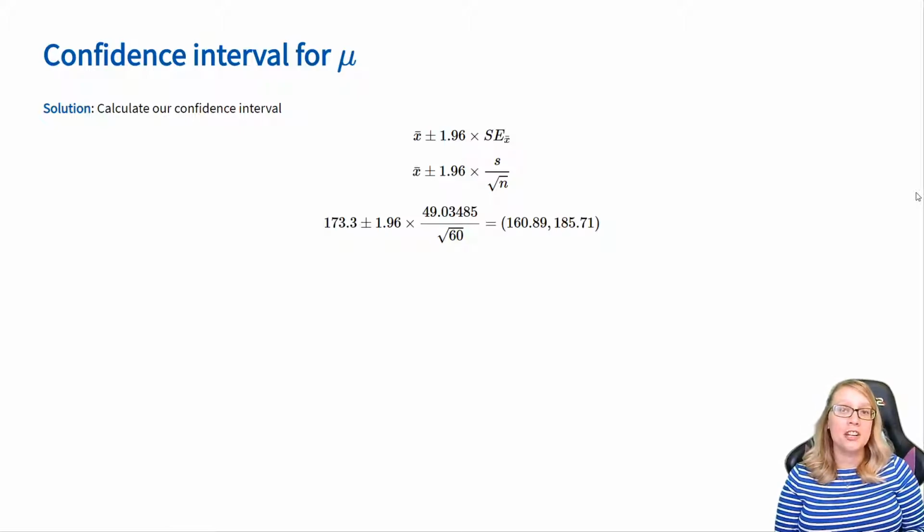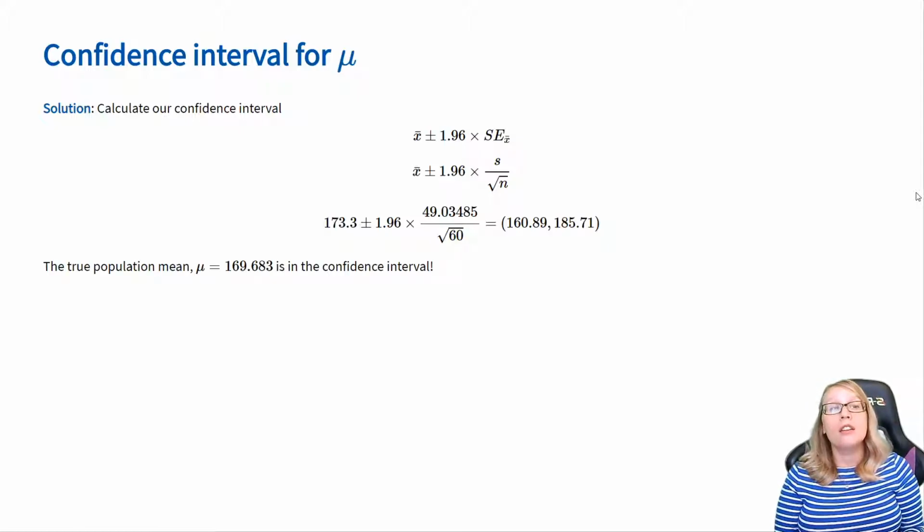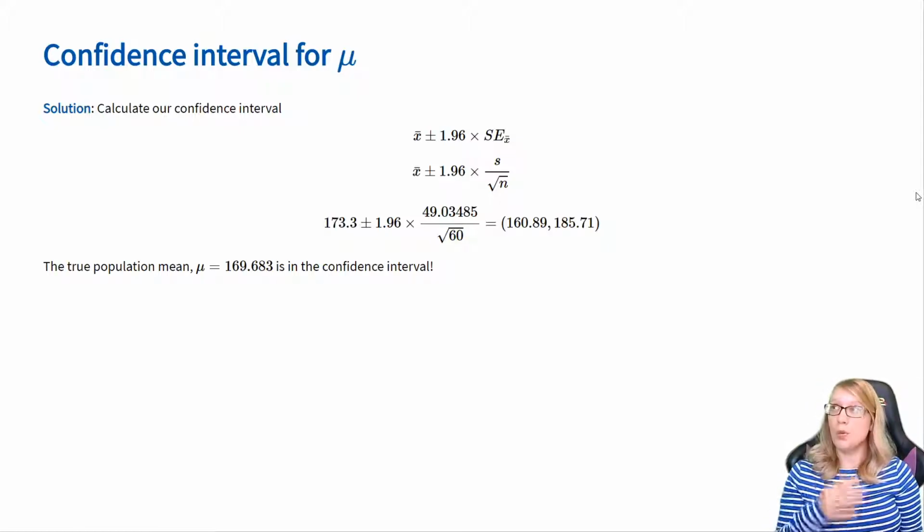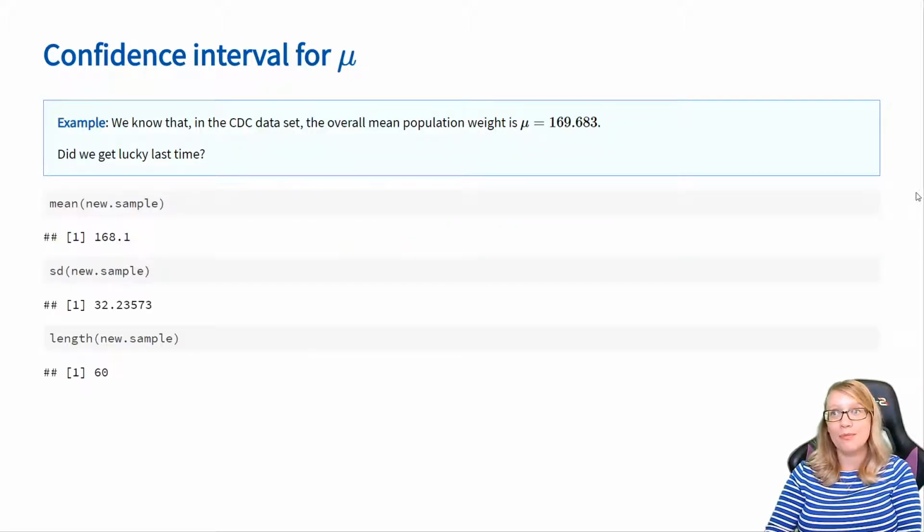We get a range that goes from about 160.9 pounds to 185.7 pounds. The good news is that our actual population mean, mu, which we were pretending we didn't know, is in this confidence interval. In other words, this worked. We came up with a range that did contain the population mean.